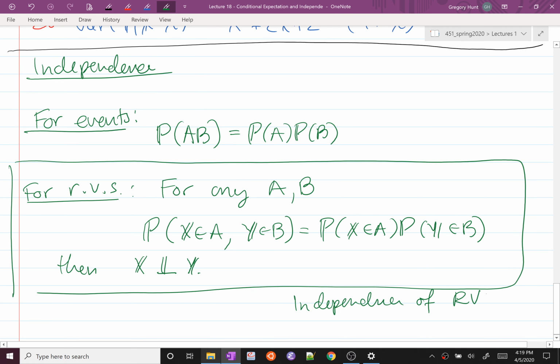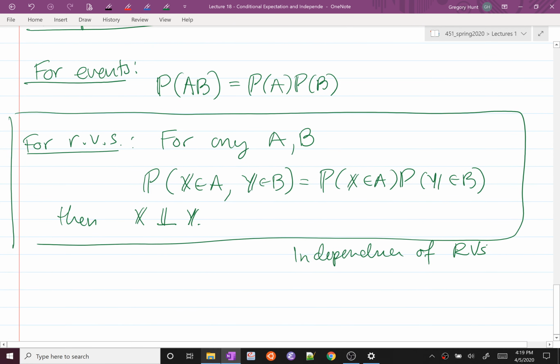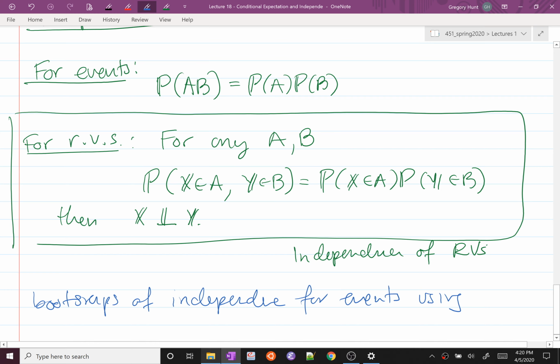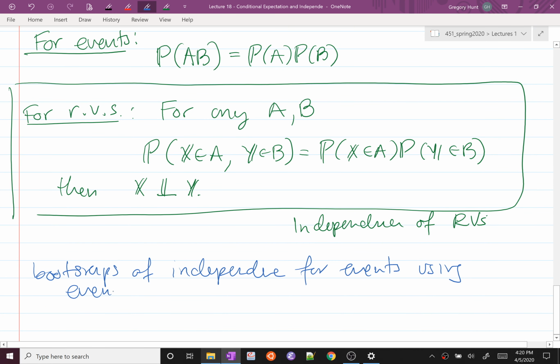of random variables. And this is really just bootstrapping off of our definition of independence for events, using events.